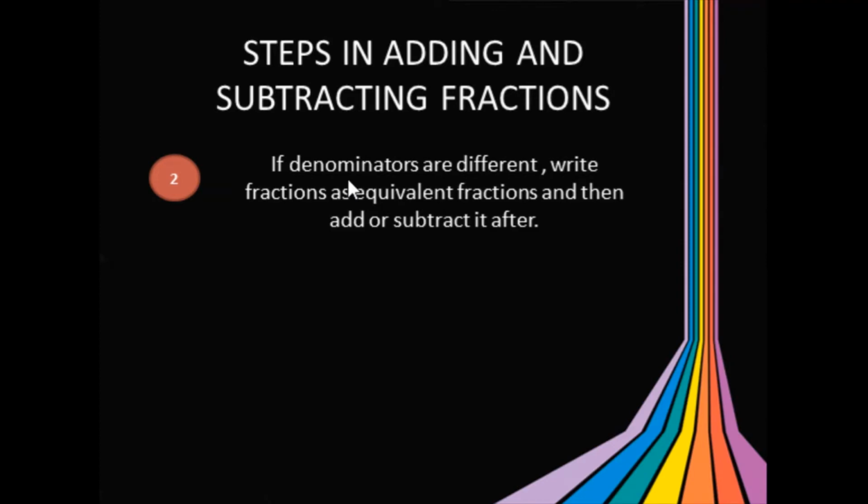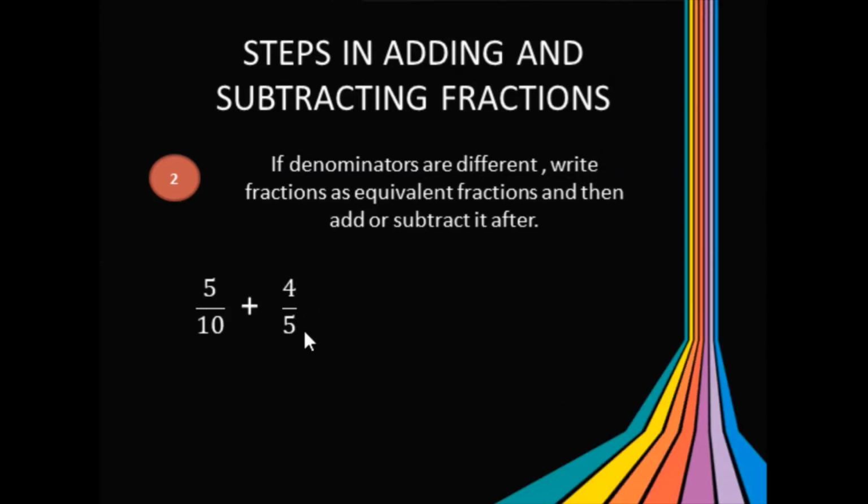If the denominators are not the same, you write them as equivalent fractions. Example, 5/10 plus 4/5. Our denominators are 10 and 5. They are not the same.